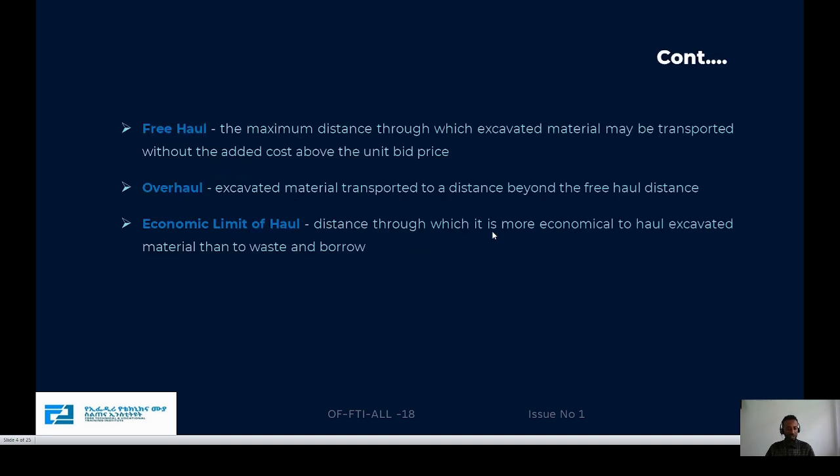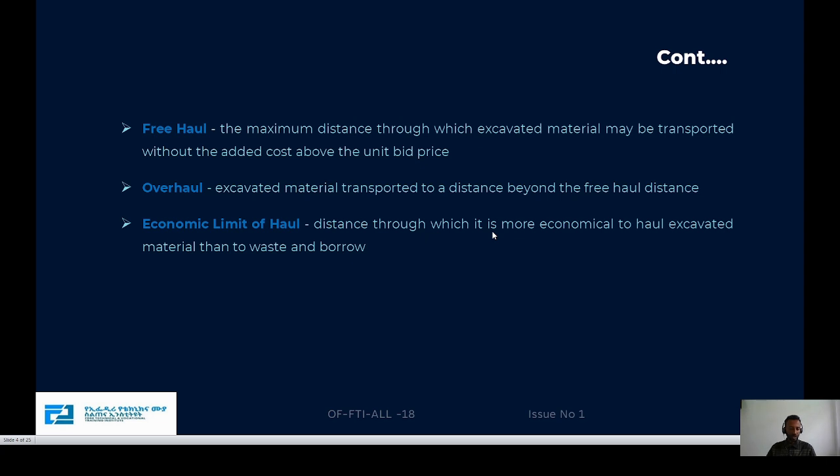There are also two types of haul, free haul and overhaul. Free haul is the maximum distance over which excavated material may be transported without additional cost above the unit bid prices. In most projects the free haul distance is 300 up to 500 meters.